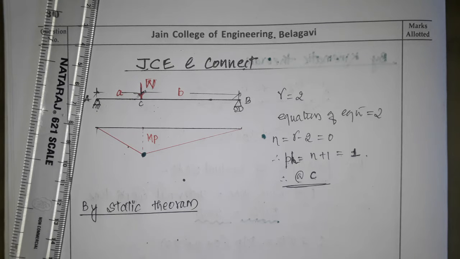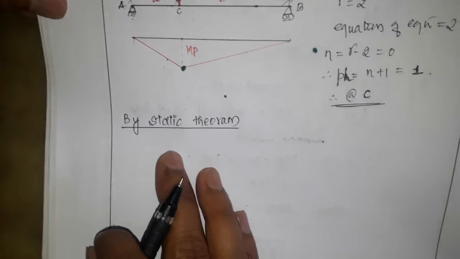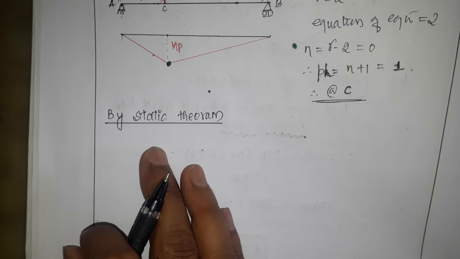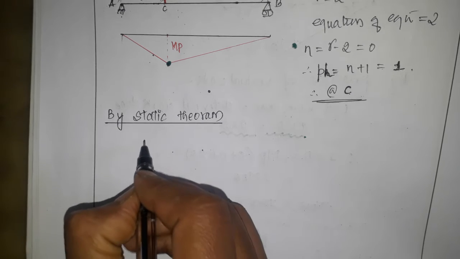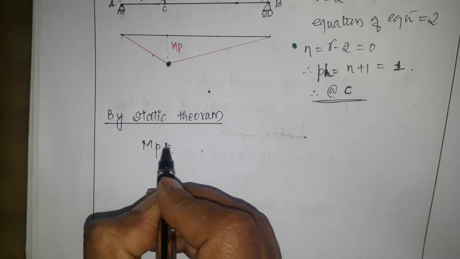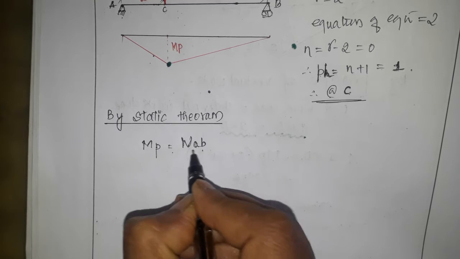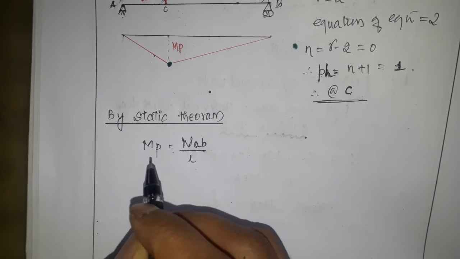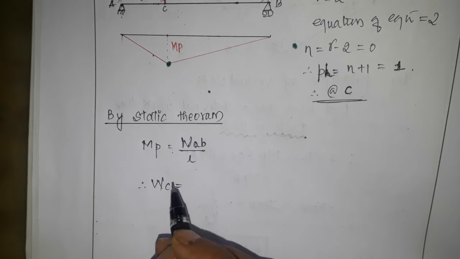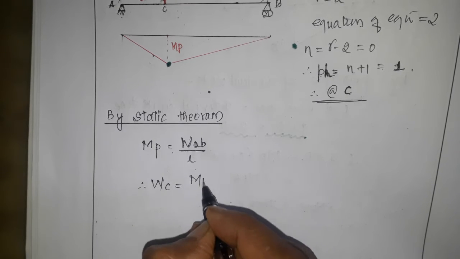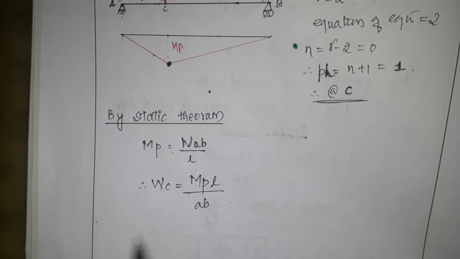So therefore by the static theorem, Mp will be equal to W a b by L. Therefore Wc should be equal to Mp into L by a b.